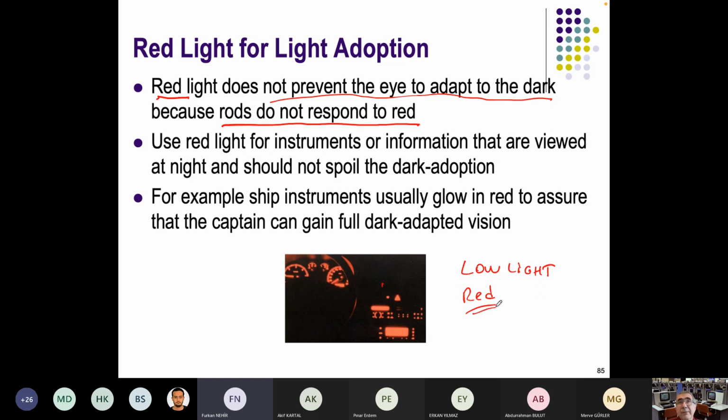Or when you have a device that will emit light during the dark, such as in the bedroom, a charging indicator, a charging lamp, or some television standby lamps. So red is actually the most tolerated by the eye in the dark. So it does not interfere much with the other dark vision. That's important.